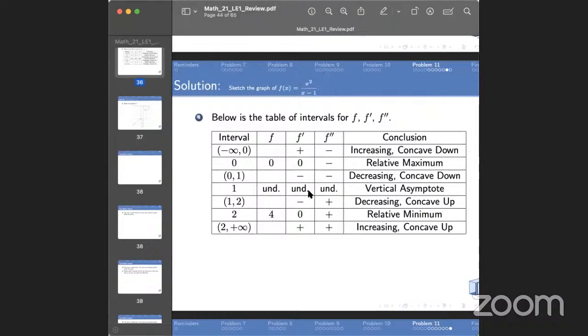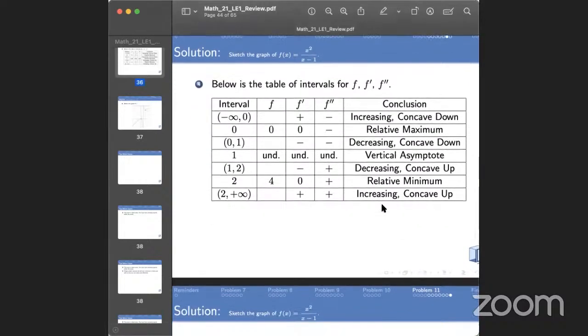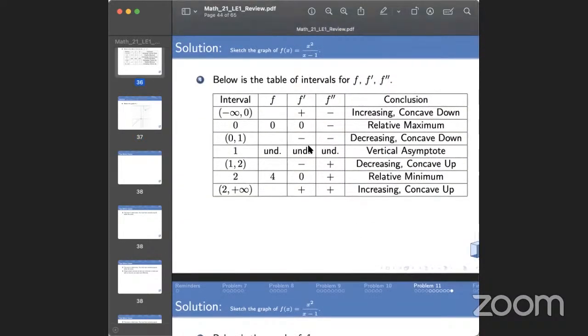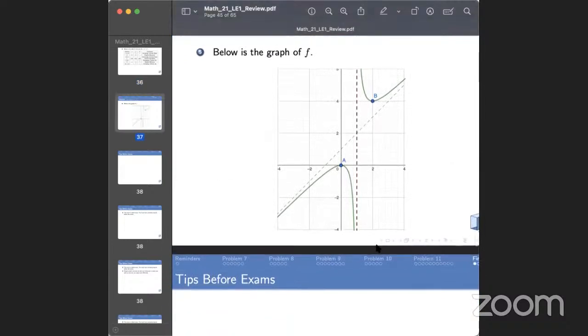So notice na, 'di ba negative, undefined, tapos may negative. So that's decreasing siya. So decreasing, ibig lang sabihin nagde-decrease yung slope dito, negative yung slope dito sa part na ito, tapos negative rin yung slope sa part na ito.